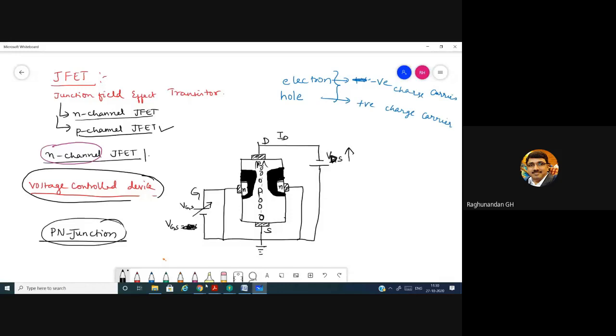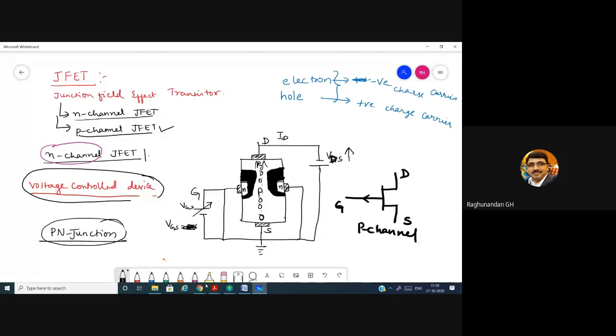Okay, this is how the P-channel JFET works. Coming to the symbol, this is the symbol: drain, source, gate. I told you the arrow mark will be towards the gate. This is P-channel.